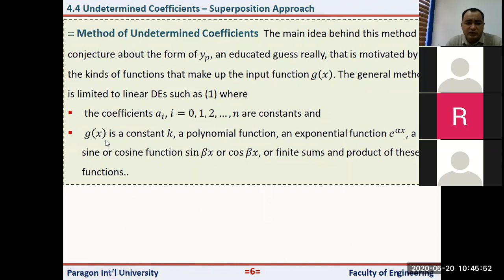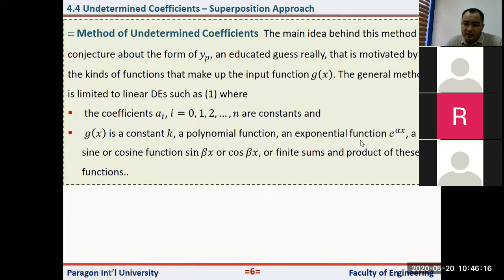And number 2, what is g of x? It is the function on the right hand side, which is either a constant, like 5 or 7, or a polynomial function. Actually, a constant is also a polynomial function, but when we say polynomial function, people may not think of a constant number. That's why we emphasize that it can also be a constant function.